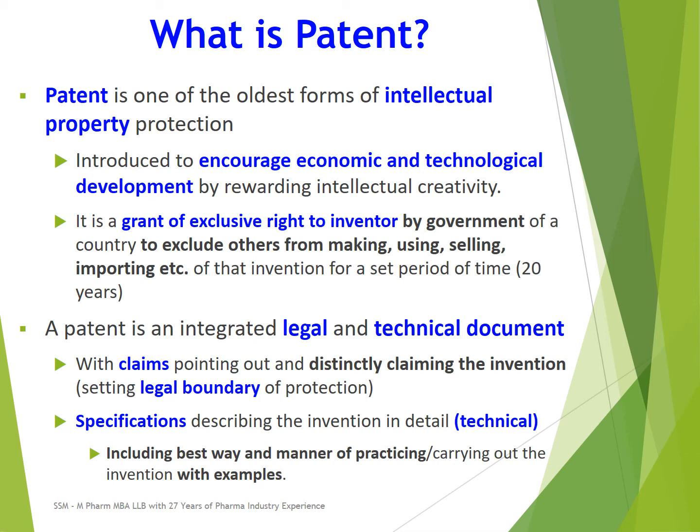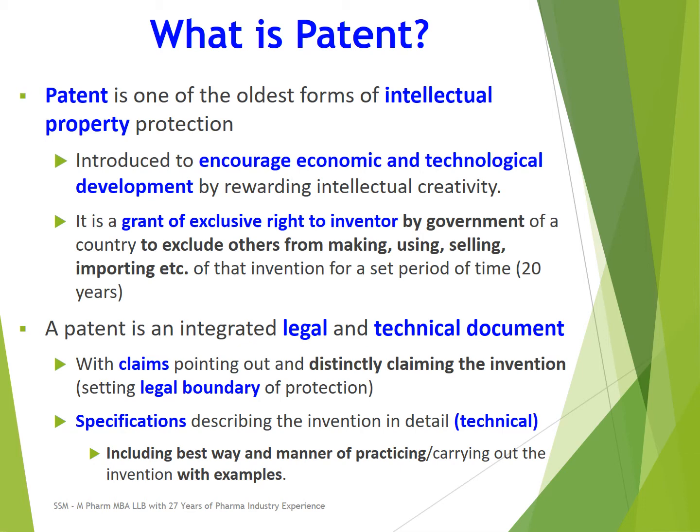So whatever you want to claim, you should write down in the claim section. Whatever is not written in the claim will not be protected. So claim sets the legal boundary of protection. That's why it's a legal document.